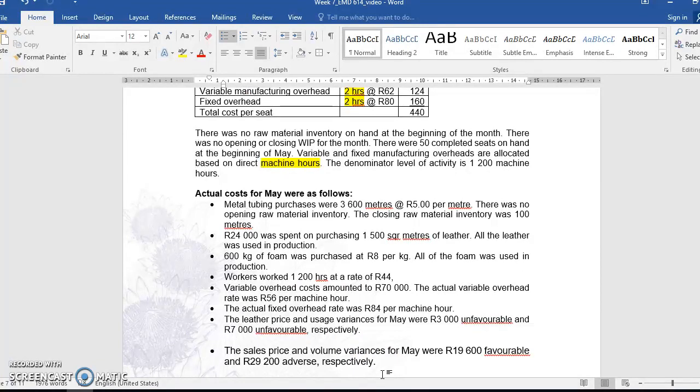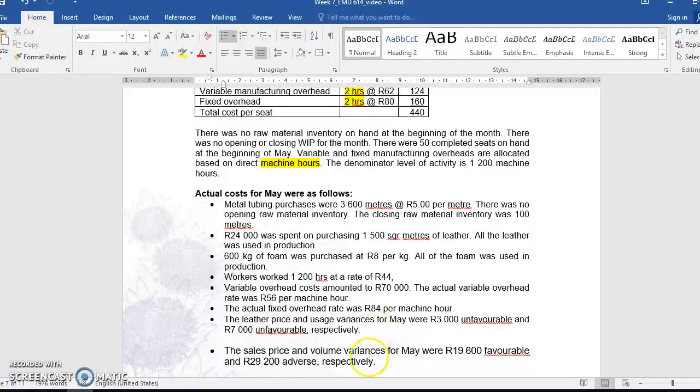Just note that sales variances are beyond the scope of this course, so you won't be expected to calculate them. In a question, they will have to give you the sales variances if you need to use them.